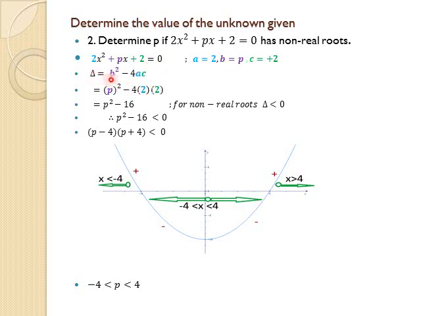So discriminant equals b squared minus 4ac, a equals 2, c equals 2, and b being p, so p squared. So p times p, p squared. 4 times 2 gives me 8, times 2 gives me 16, and it stays negative. So for non-real roots, the discriminant must be less than 0. So p squared minus 16 is less than 0.